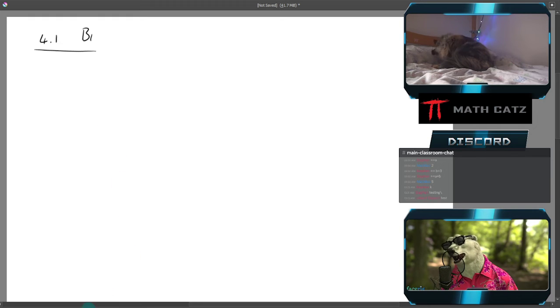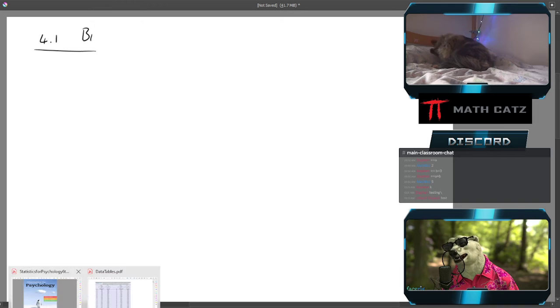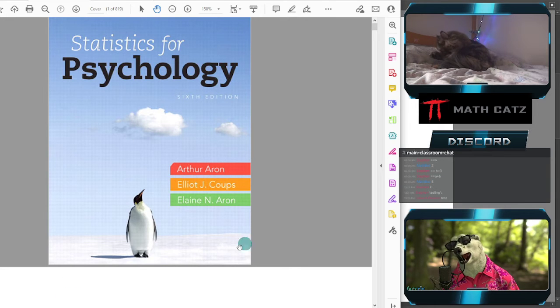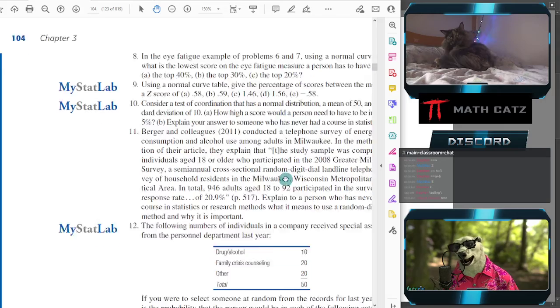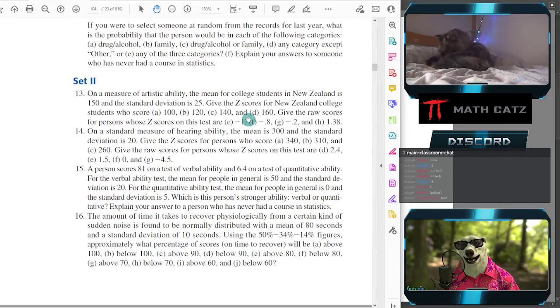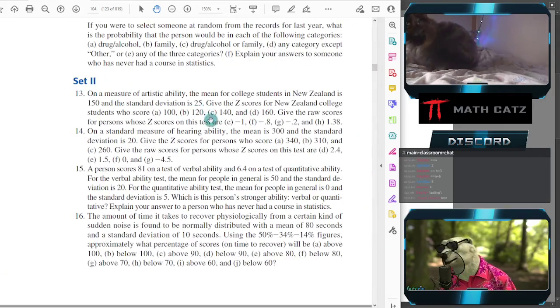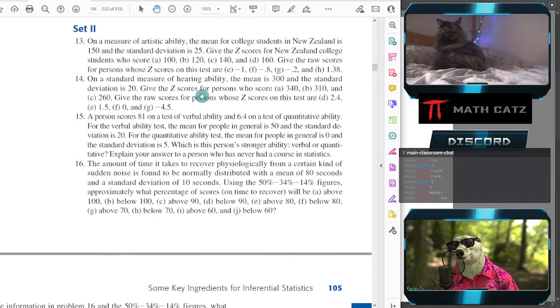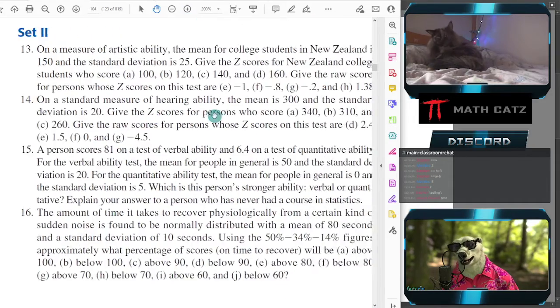So what we're going to look at is our main book that I really love, Statistics for Psychology, and we're going to go to page 104. I have to scroll around looking for number 14. See if I can make this a little bigger.